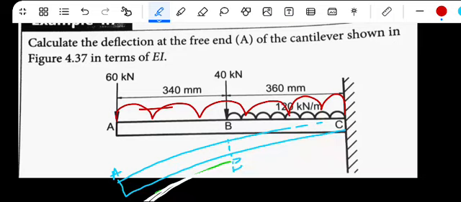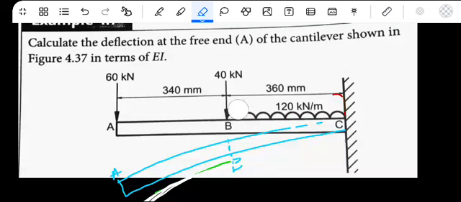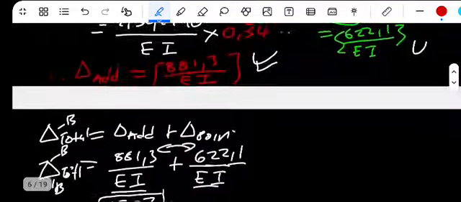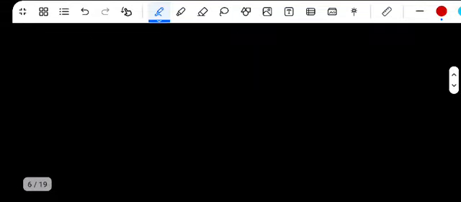But if it's not from the end, we'll have additional deflection due to UDL. What we had before was additional due to point load, now we'll have due to UDL. So we're focusing on the deflection there due to the distributed load.